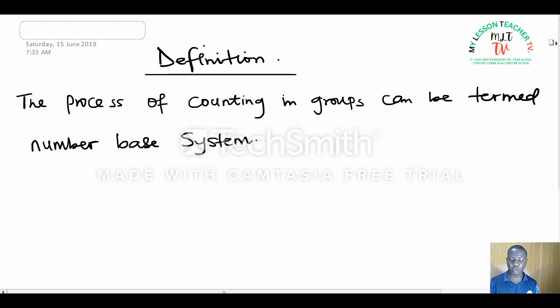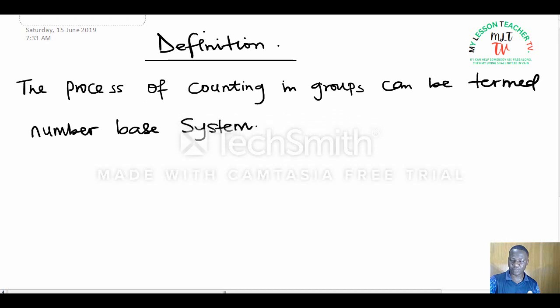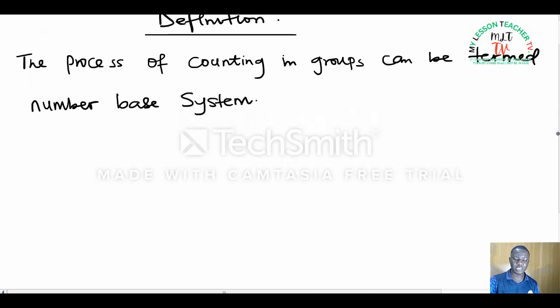The process of counting in groups can be termed the number base system. The process of counting in groups of twos can be said to be the binary number system.